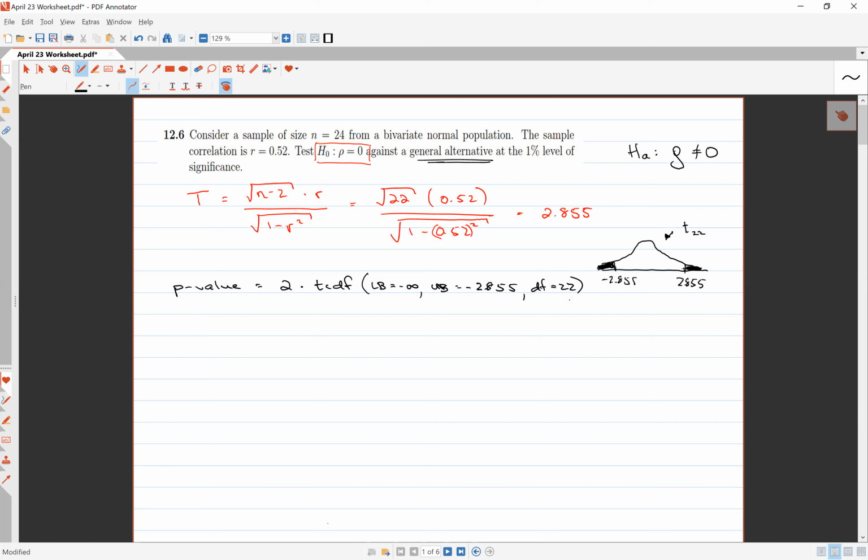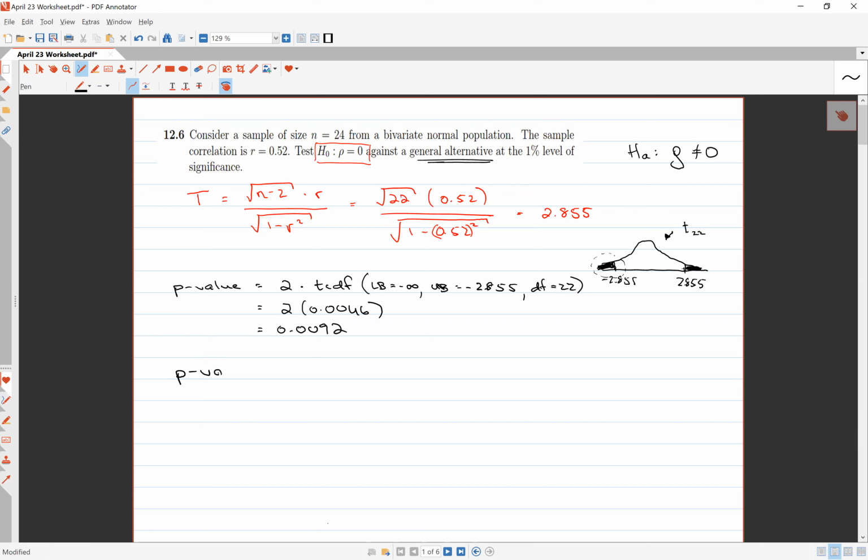So the TCDF calculates the left tail area for us, multiplied by 2, exploiting symmetry of the T distribution. So we get a p-value of 0.0092.